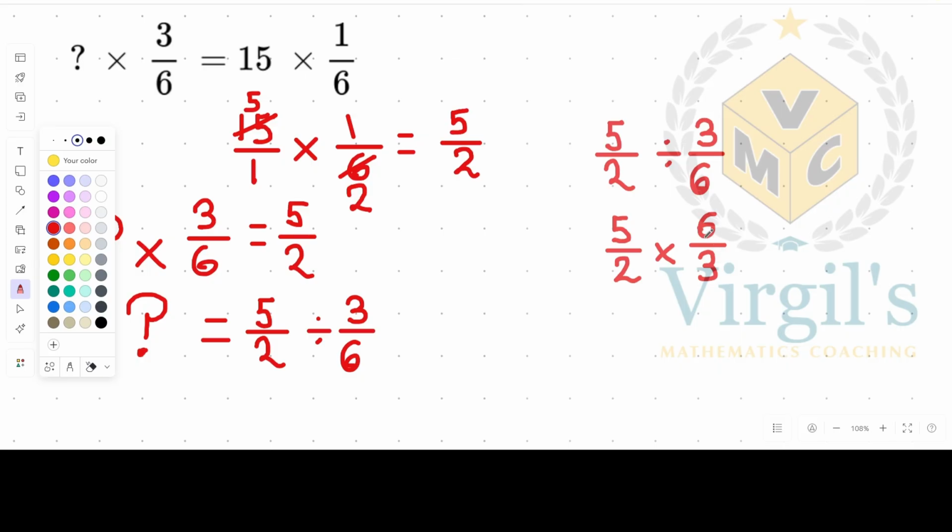But we could use 6 and 2 if you want to. So let's do that. 6 divided by 2 is 3. 2 divided by 2 is 1. And we could say 3 divided by 3 is 1. And this 3 down here divided by 3 is 1. Let me do that over again.